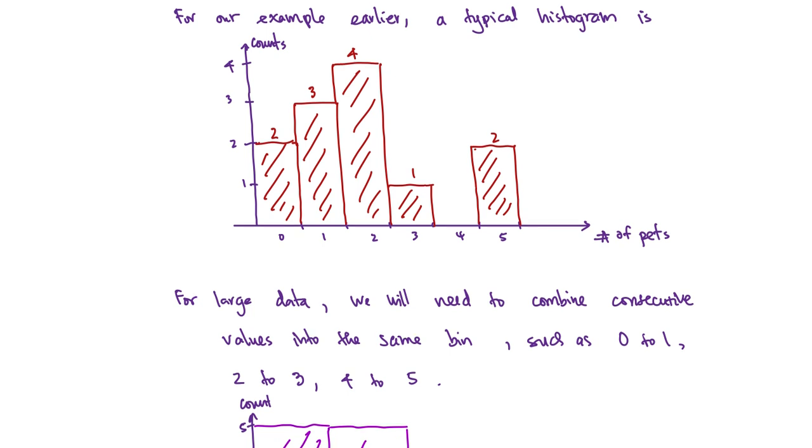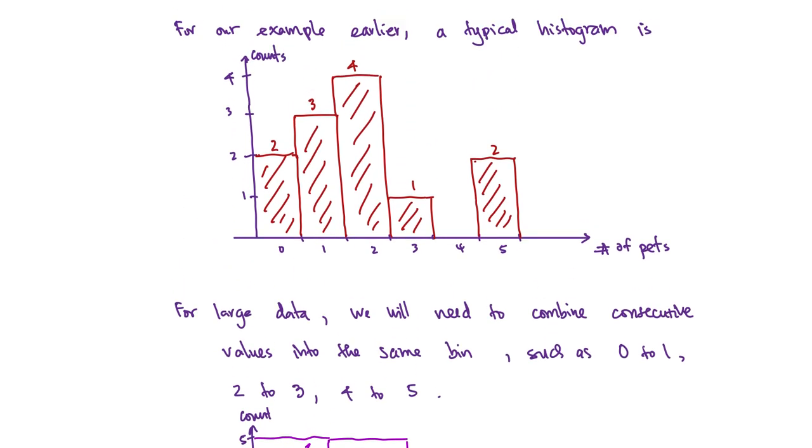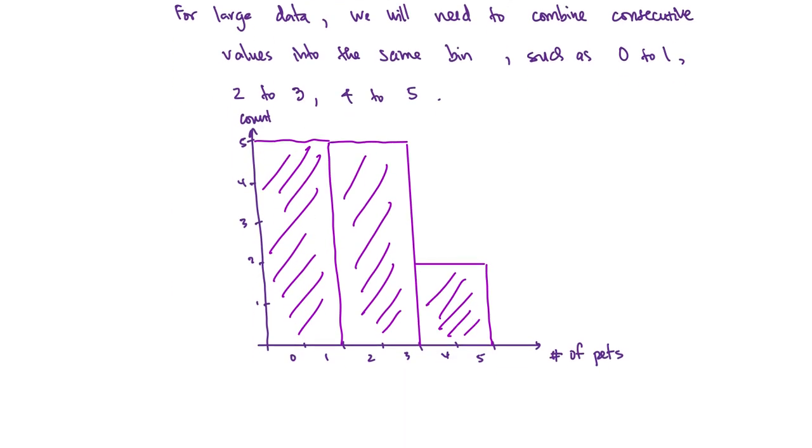From 2 to 3, we would have 4 plus 1 is 5 counts. And from 4 to 5, we would have 2 counts. Because again, we obtained 12 responses when we asked the question, how many pets do you have?